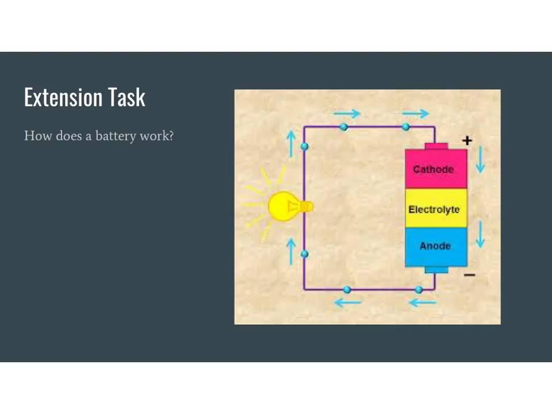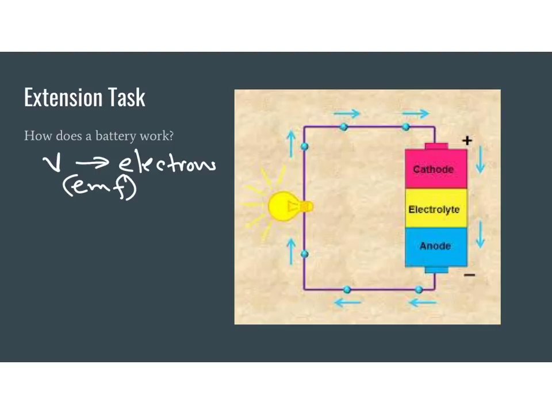If the potential difference gives energy to electrons, we call it an electromotive force, an EMF. And so pause the video, go explore how a battery actually works, and come back and I'll give you a quick 10-second recap on how a battery works. Okay, welcome back.